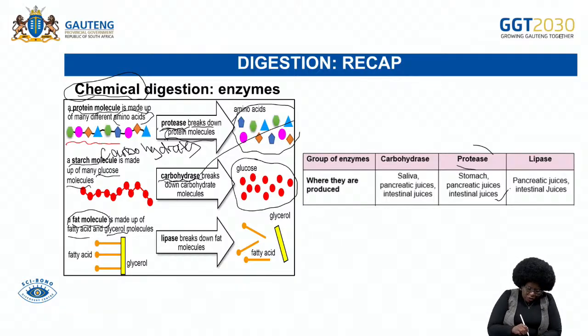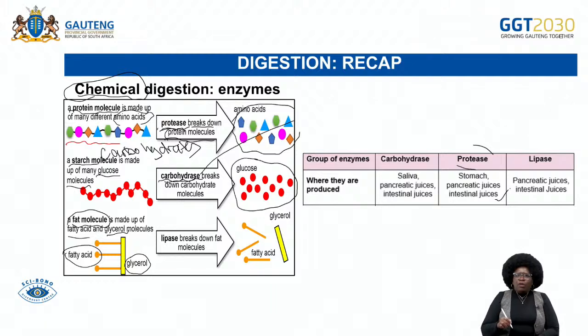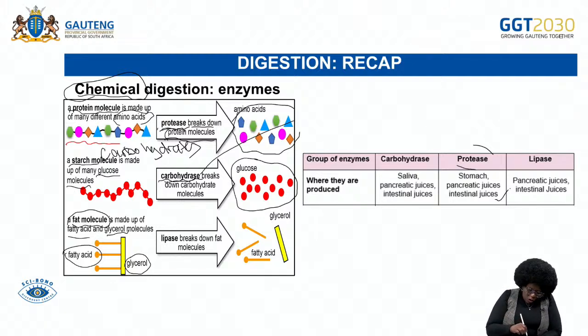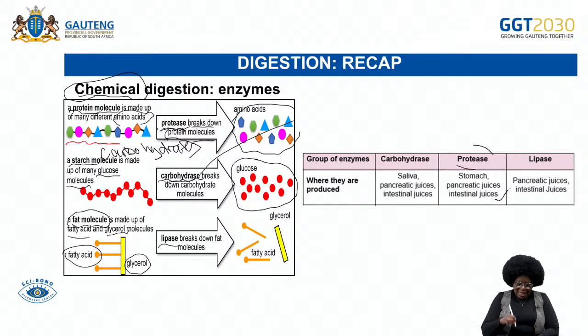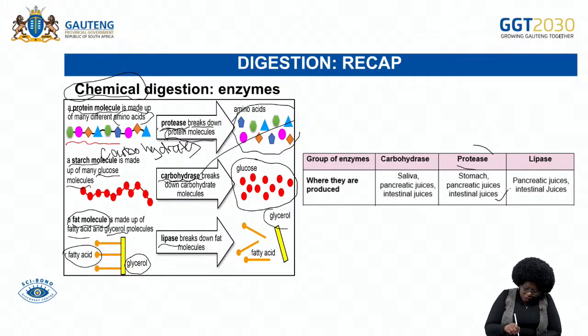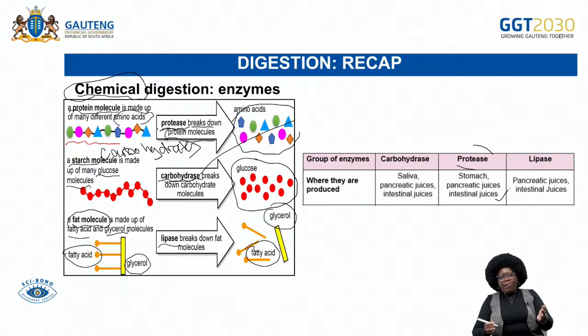And the enzyme called lipase breaks down the fat molecule, and the products now are glycerol and fatty acids. End product is fatty acids and glycerol.